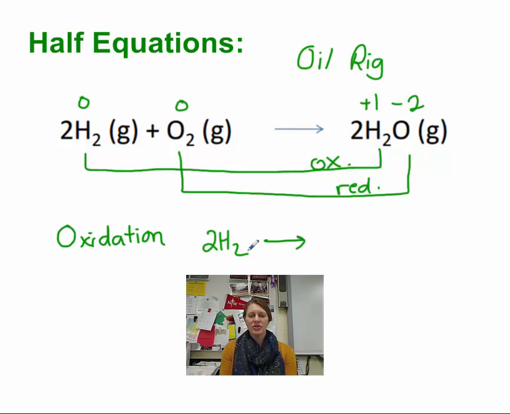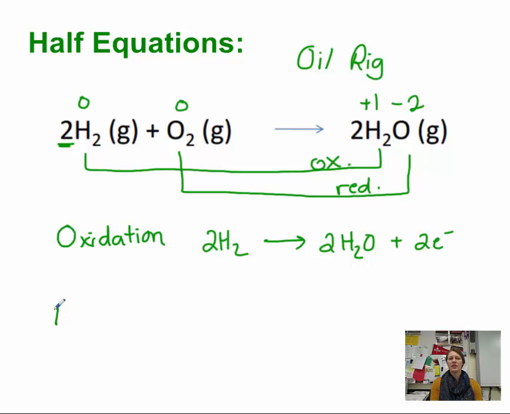So it starts just with hydrogen, but then my products from that is going to be the H2O, which it turns into, plus 2 electrons. And the reason why I know I lost 2 electrons, even though the charge went from 0 to +1, is because I have a 2 coefficient. So because of that, I know that there's 2 electrons that got lost.